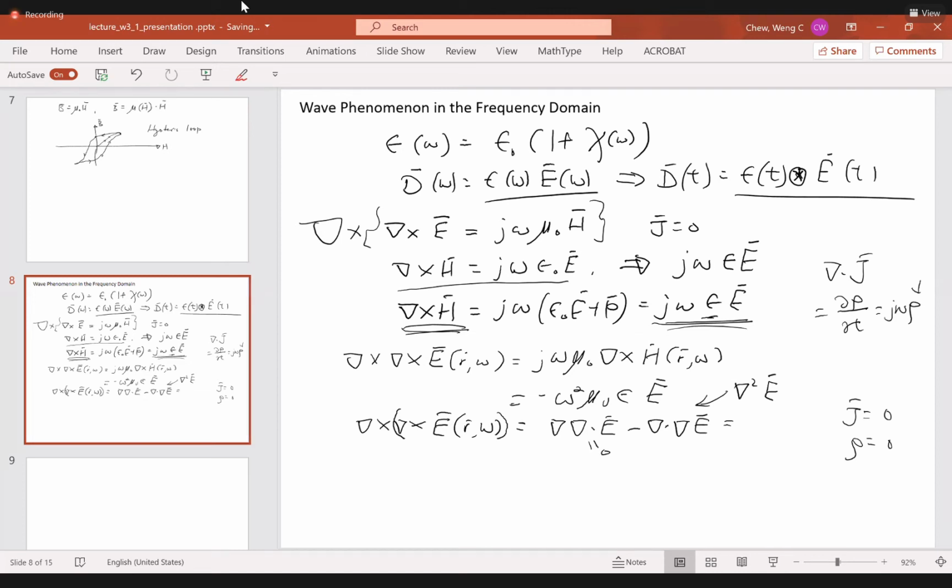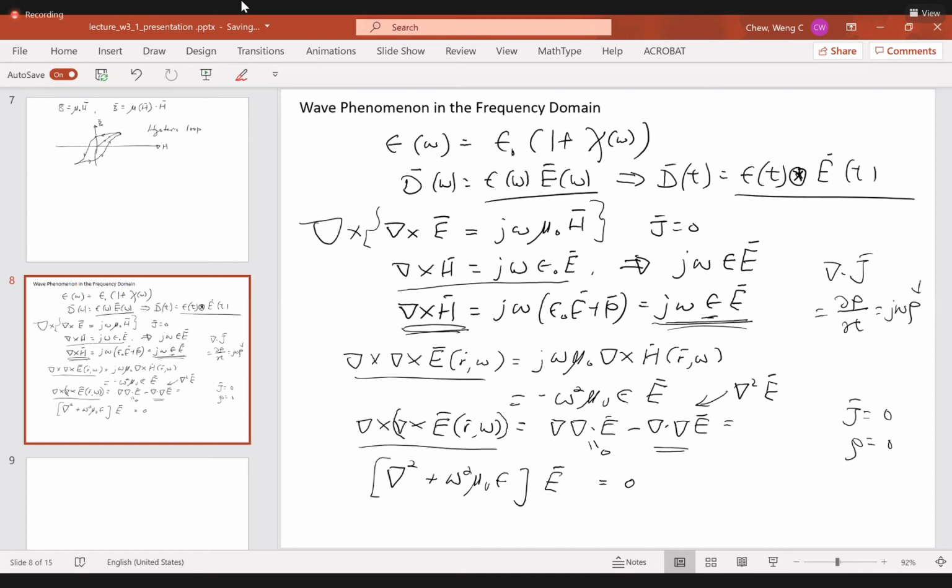Since there are no sources in this space that we're talking about, I can simplify the left-hand side and end up with an equation that only involves this term. Then I can collect terms and obtain the fact that Laplacian plus omega squared mu naught epsilon, times E, is equal to 0. Remember that this epsilon now is the effective epsilon, the epsilon that incorporates the polarization current.